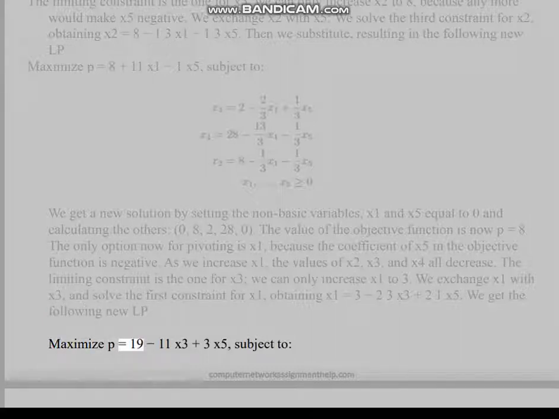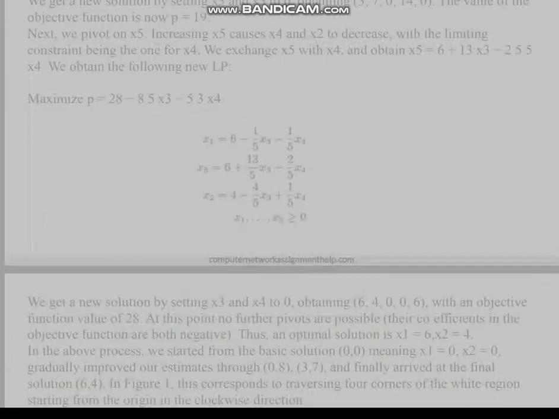Maximize p = 19 - 11x3 + 3x5, subject to. We get a new solution by setting x3 and x5 to 0, obtaining (3, 7, 0, 14, 0). The value of the objective function is now p = 19.